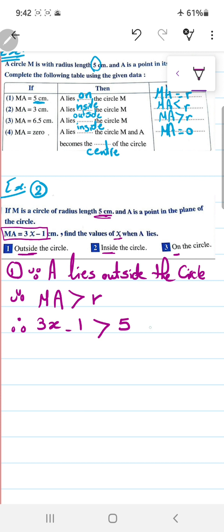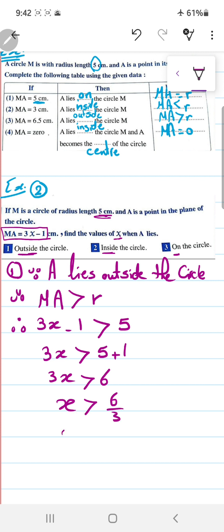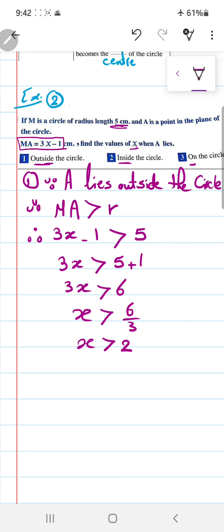Move negative 1 to the other side as positive, so 3x is greater than 5 plus 1. It means 3x is greater than 6. Divided by 3, x is greater than 6 divided by 3, which is x greater than 2. It means the values of x form an open interval, because we have not equal. So the open interval from 2 to infinity.